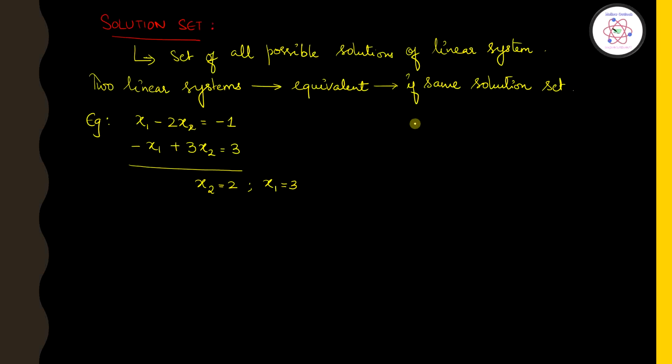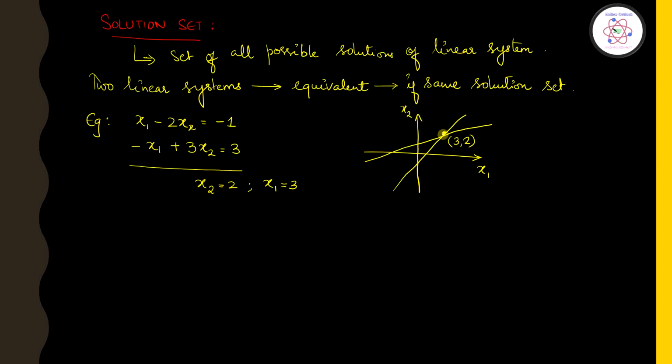If I draw these two lines in the coordinates of x1 and x2, I have the common point (3, 2). So finding the solution of a system of two linear equations in two variables is very easy because it just amounts to finding the intersection of the two lines.